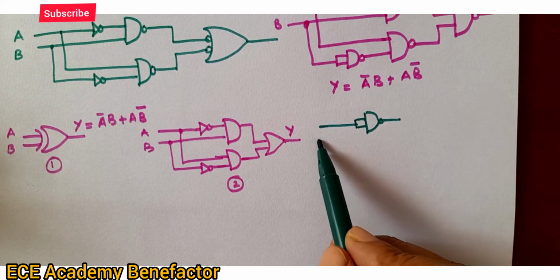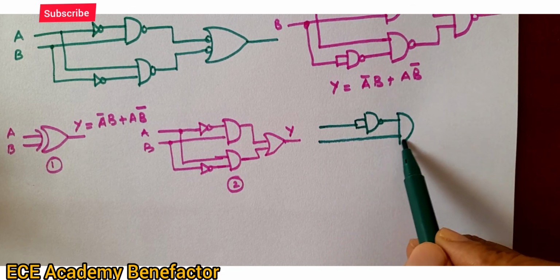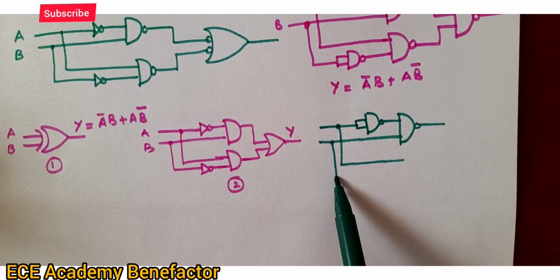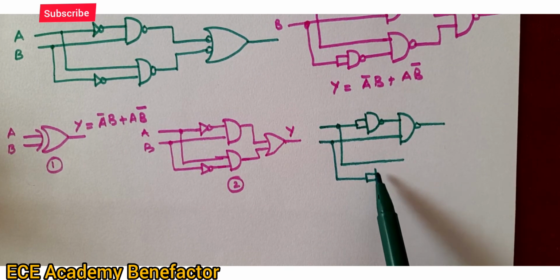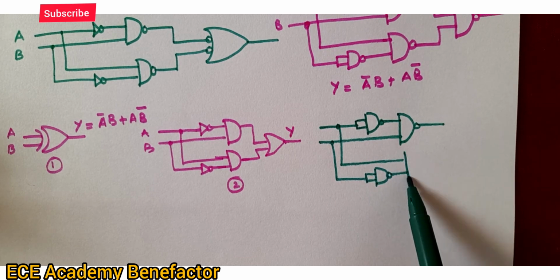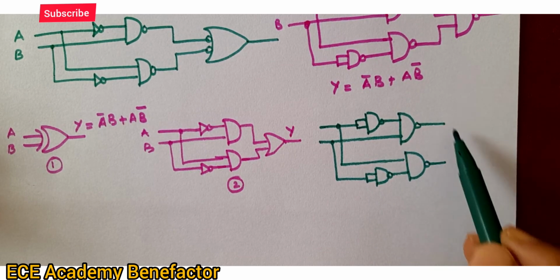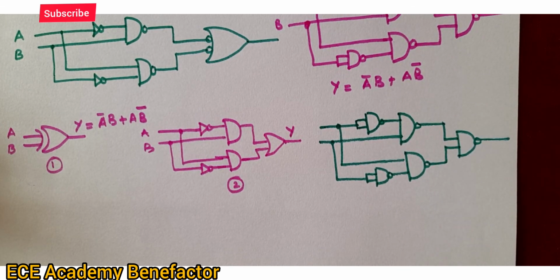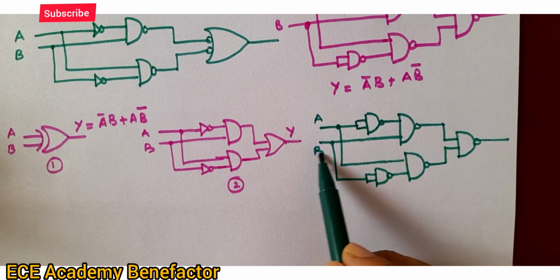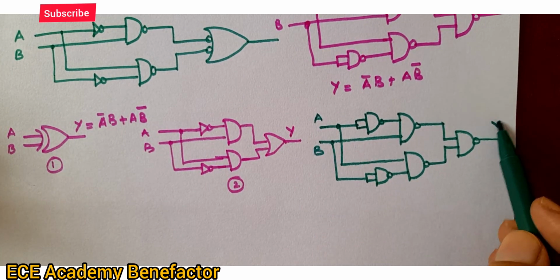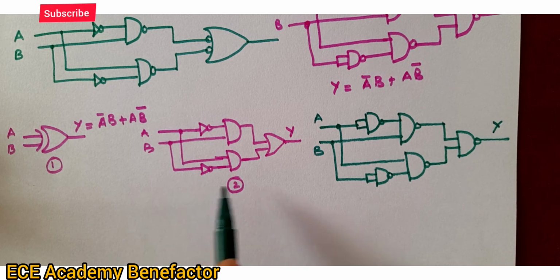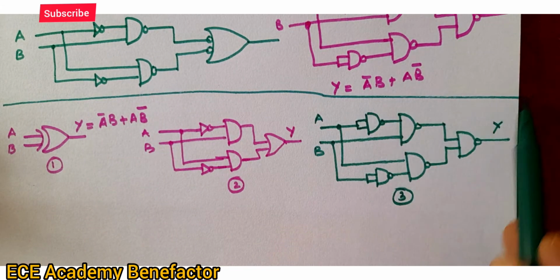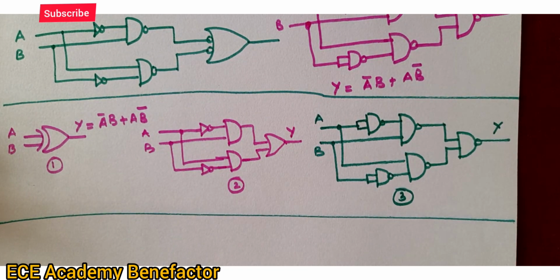A, B given to a NAND gate, A you are taking, B bar, so B bar is, this is a NOT gate using NAND, and then finally giving it to a NAND gate like this. Okay, inputs are A and B and output is Y. So in this way we are able to draw an XOR gate using NAND gates.